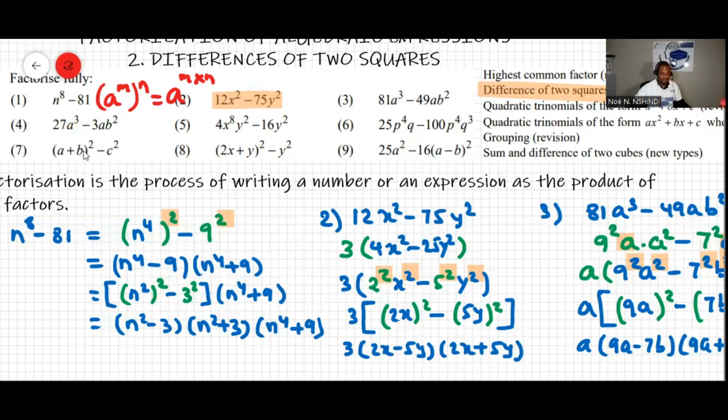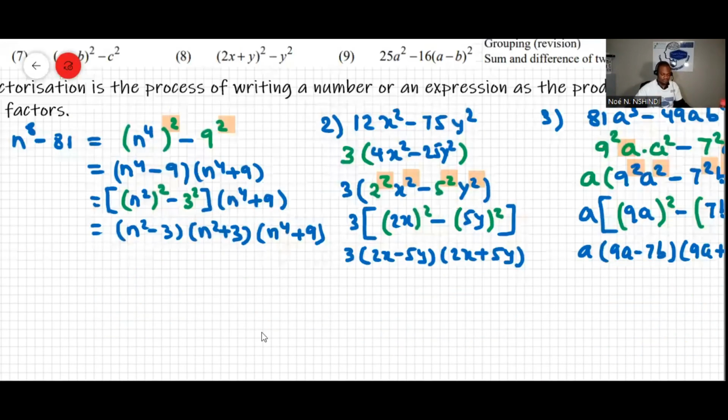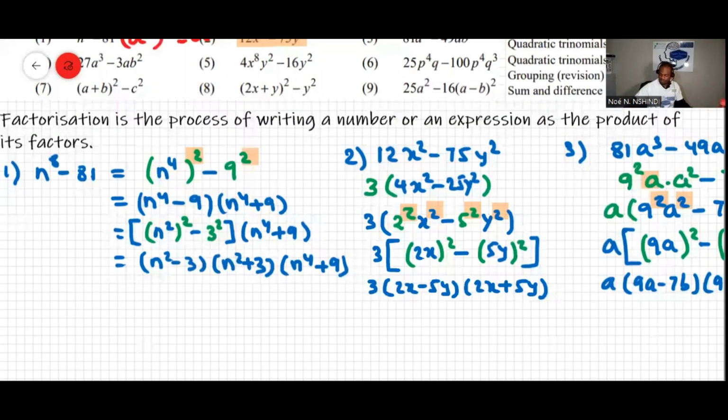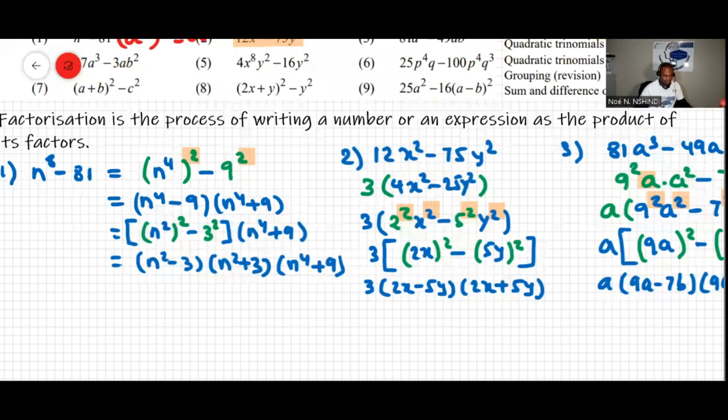Now for question 7, maybe we will do question 7. Question 7 says a plus b to the power of 2 minus c squared. Okay, so this will be what?